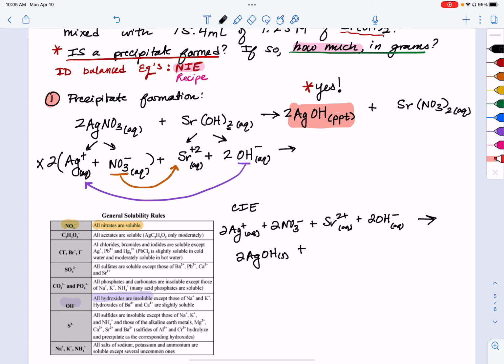I do not dissociate this in my complete ionic equation because it is insoluble, so it does not dissociate at all. And then strontium and nitrate.